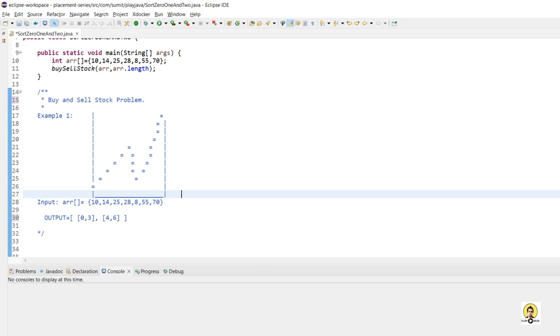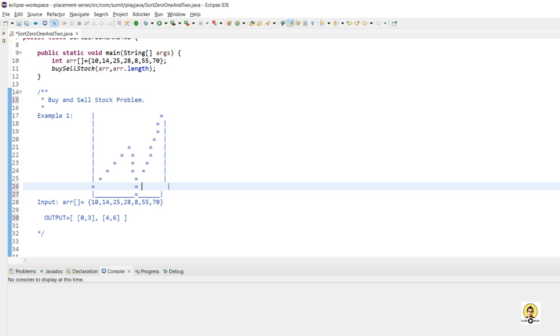Initially it was 10 and it kept on increasing till it went to 28, and after that 28 there is a sudden fall in the stock price, so it went down to 8 and again it started rising and it went till 70.